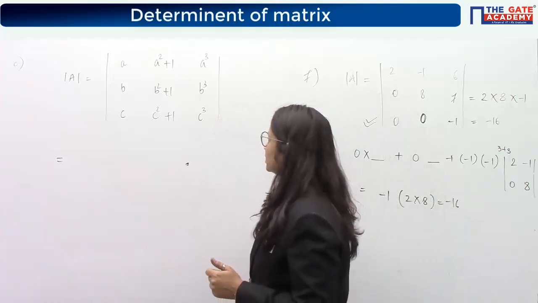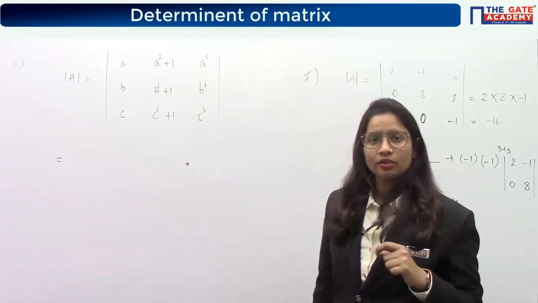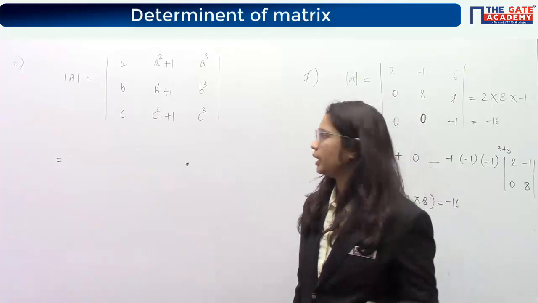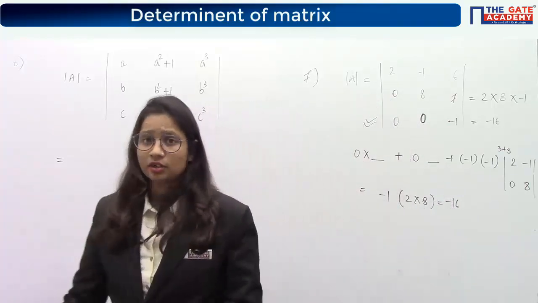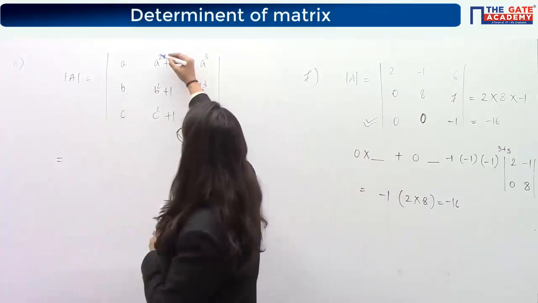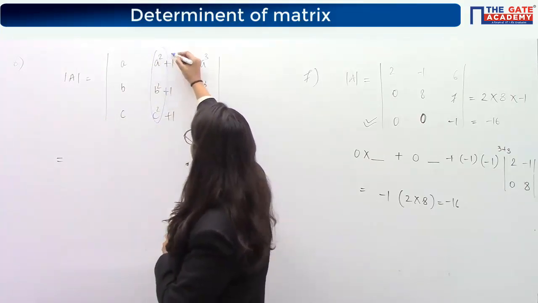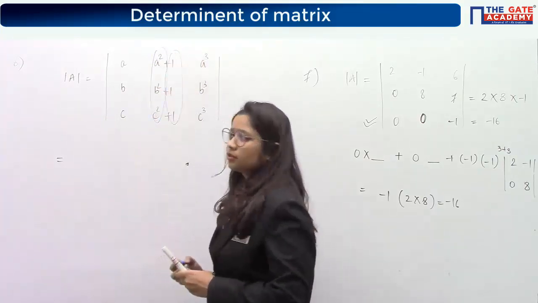Now what is the property saying? That if any of the columns consists of some m terms, like in this case the column consists of two terms like a square, b square, c square, and these ones and one, like this.